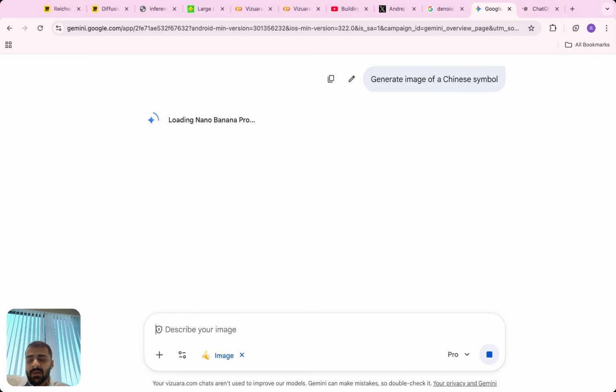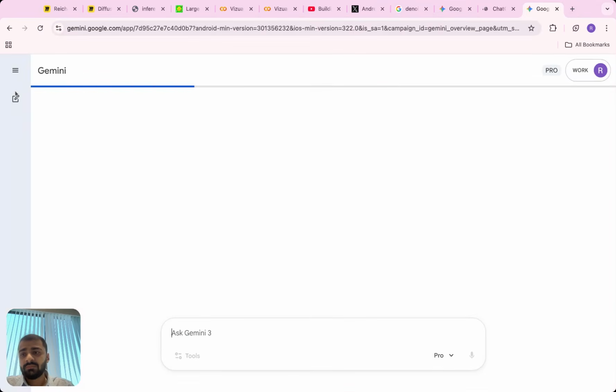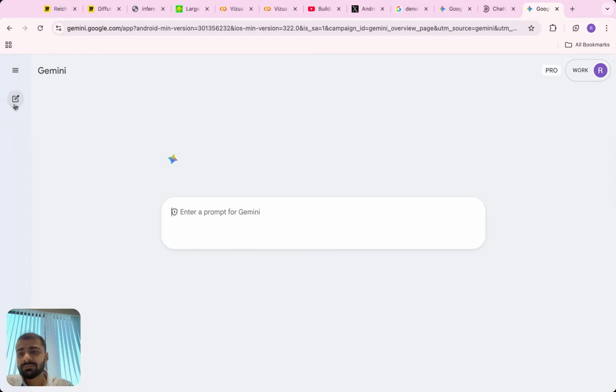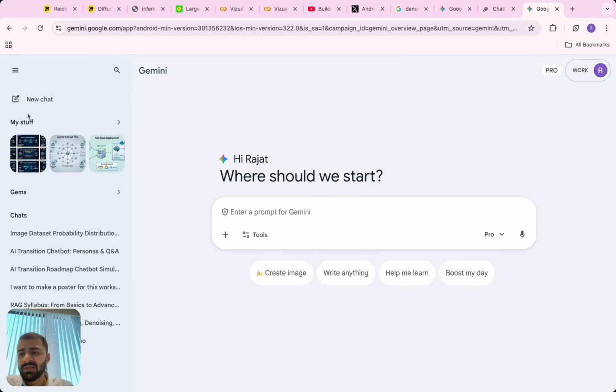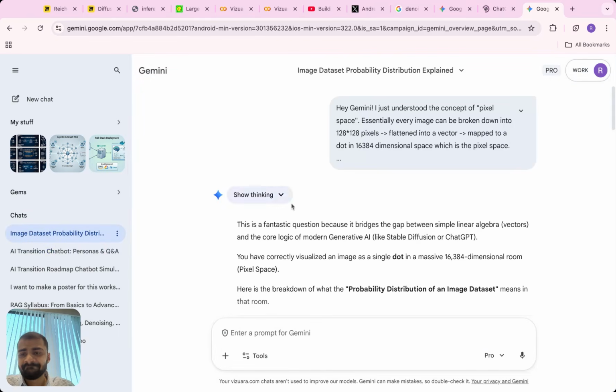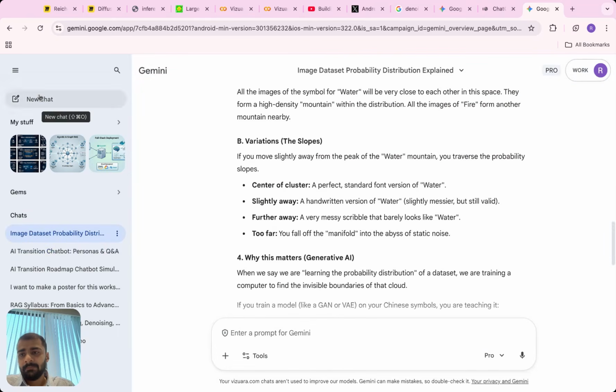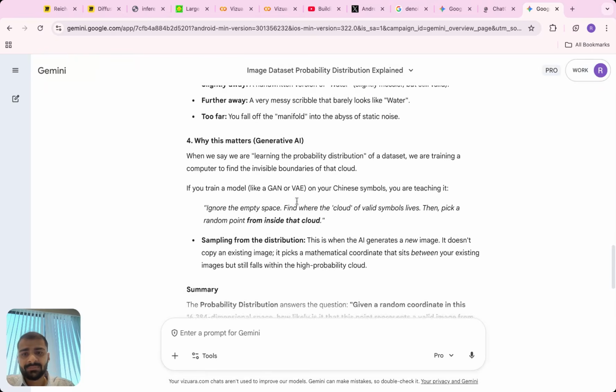We are sampling from the probability distribution of the Chinese symbols, right? So if you see over here, please pay very careful attention to this part because this will really motivate the concept of diffusion, right?